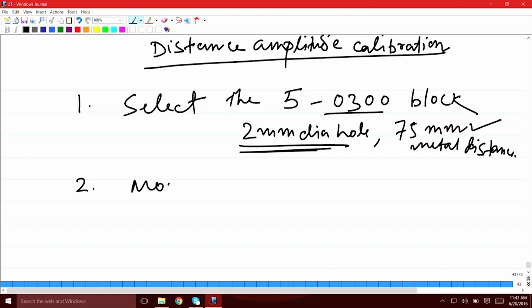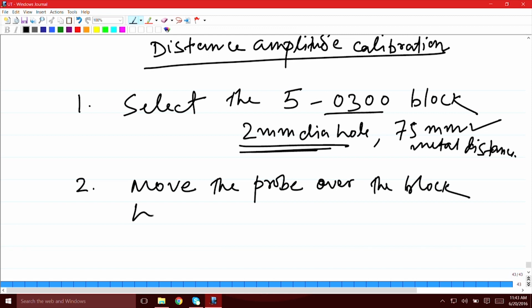Now, take the ultrasonic probe and move the probe over the block horizontally. So, from one side of the diameter to the other side horizontally you move it till you get a maximum signal from the flat bottom hole.